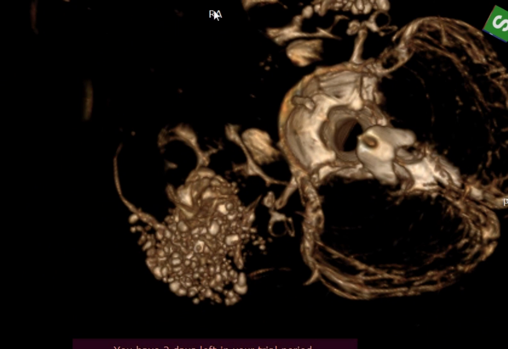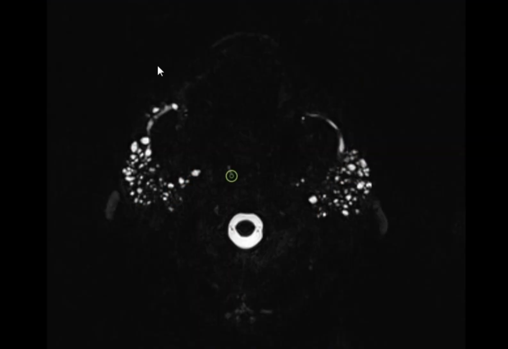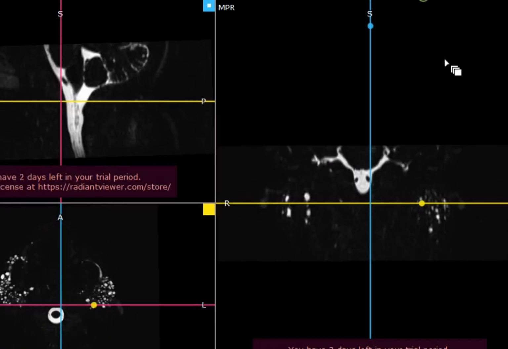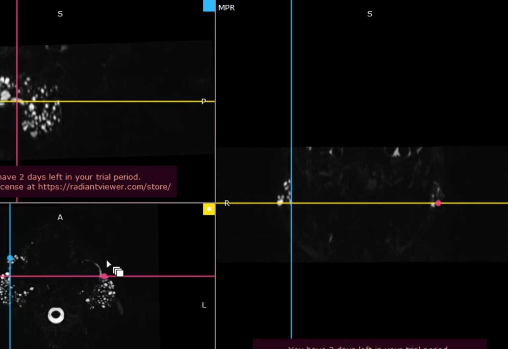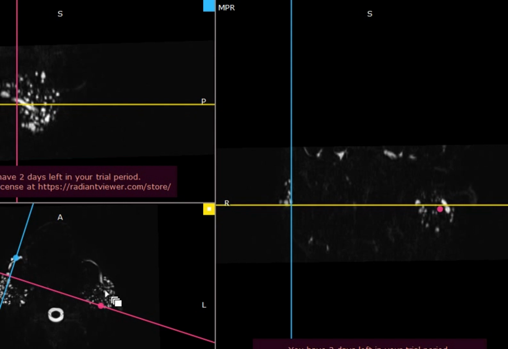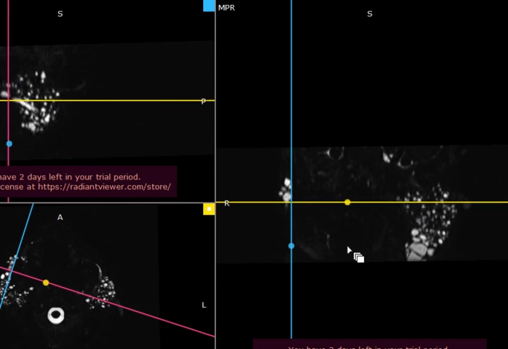And we can do another trick, like go into 3D MPR. We take this, we put it on the gland and a little bit of rotation.